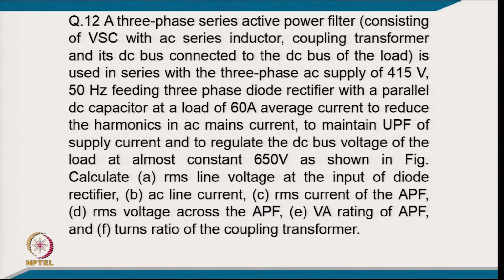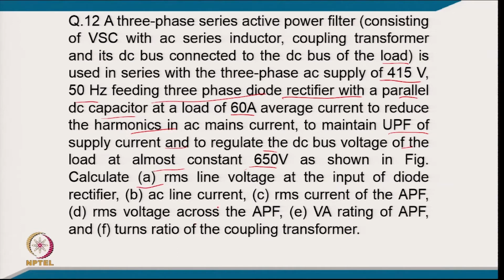Coming to numerical problem 12: a 3-phase series active power filter consisting of a voltage source converter with AC series inductor, coupling transformer and its DC bus connected to the DC bus of the load is used in series with the 3-phase supply of 415 volt 50 hertz feeding a 3-phase diode bridge rectifier with a parallel DC capacitor at a load of 60 ampere average current, to reduce the harmonics in AC mains current, to maintain unity power factor of the supply current, and to regulate the DC link voltage of the load almost constant at 650 volt as shown in the figure.